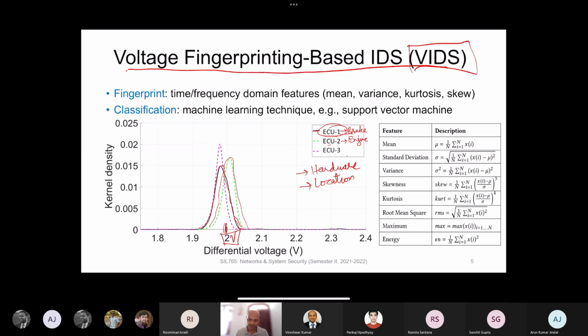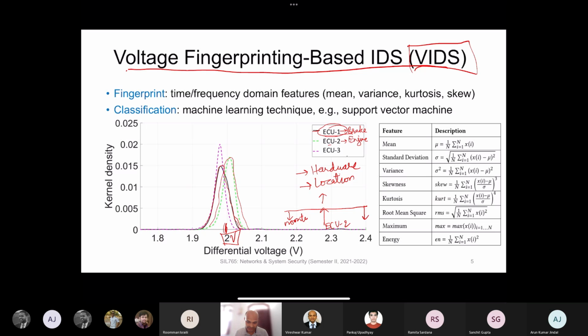But if this is the place where you are monitoring and this is the wire, and let's say this ECU2 is here, so you will see a higher voltage corresponding to the ECU2. You will see a higher voltage.